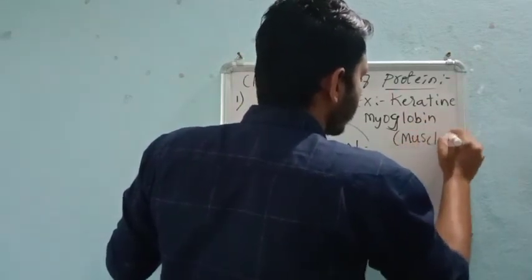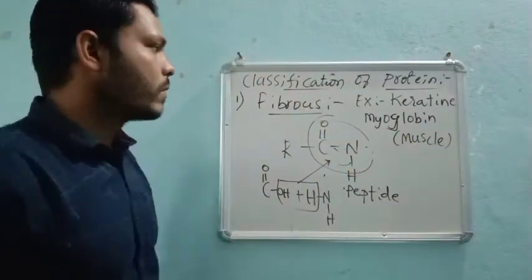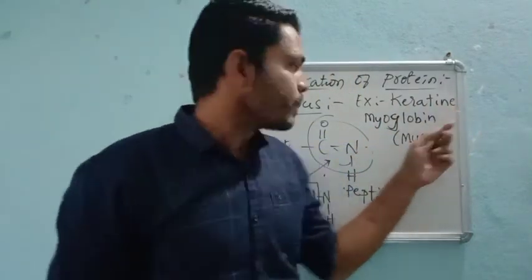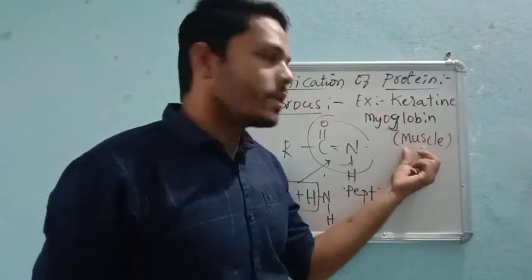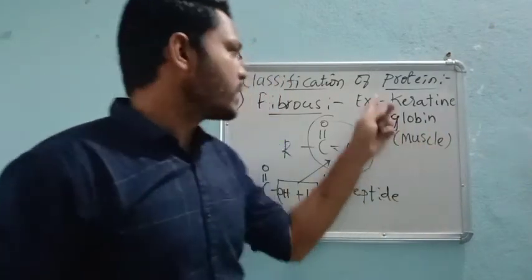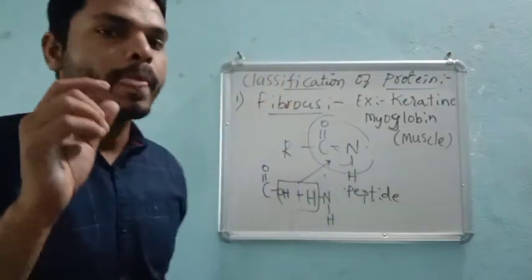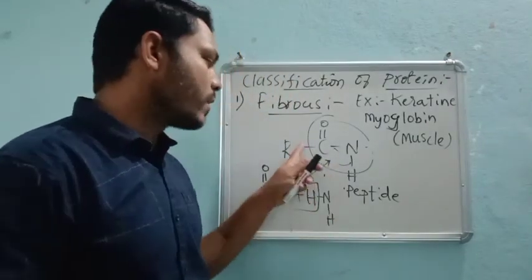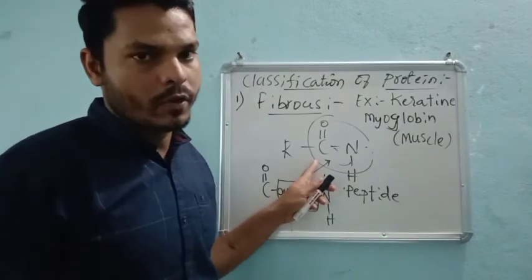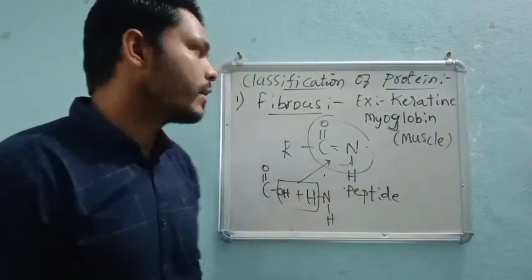You are biology students, you already know keratin is present in hair and myoglobin is present in muscle, right? These are the two best examples of fibrous protein. Fibrous proteins look like a polypeptide chain held together by hydrogen bonding, and the examples are keratin as well as myoglobin.